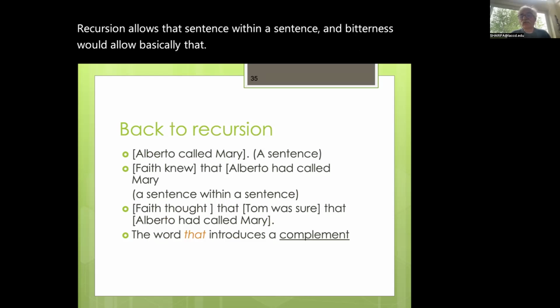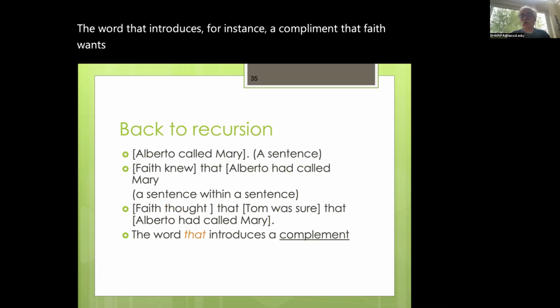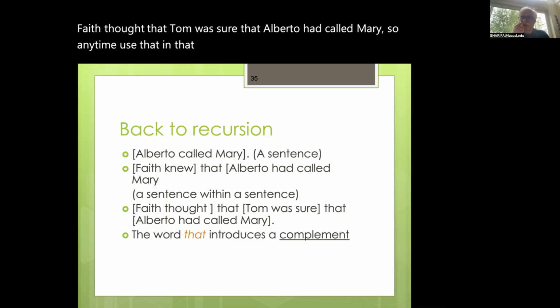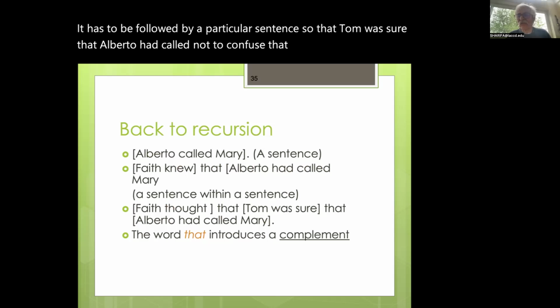The word that introduces, for instance, a complement. That Faith wants Tom to be sure that Faith thought that Tom was sure that Alberto had called Mary. So anytime you use that in that particular context, it has to be followed by a particular sentence. So that Tom was sure that Alberto had called, not to confuse that with the demonstrative one.